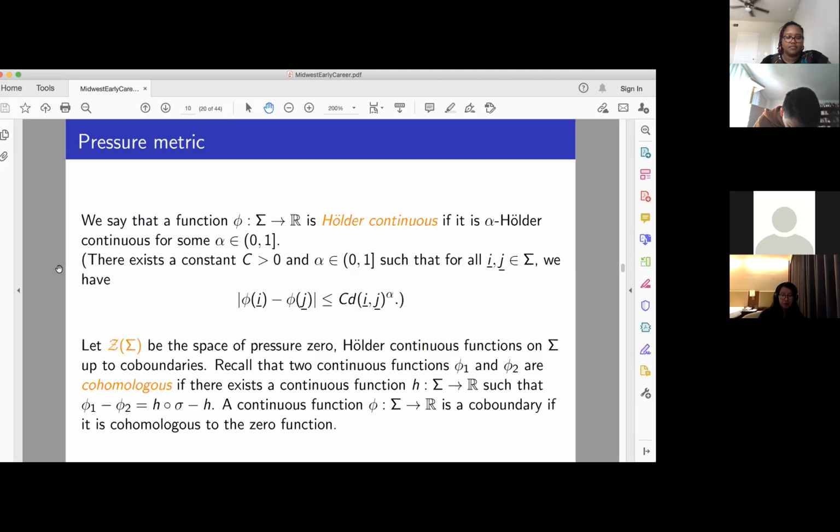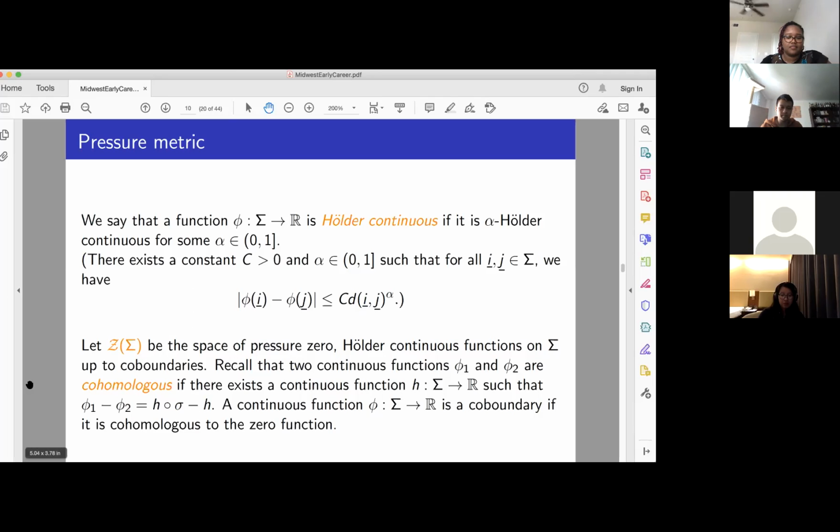Now we want to consider the space of pressure 0 Holder continuous functions on the subshift of finite type up to some equivalence relation. So let me just explain a little bit more before I move on to tell you how the equivalence relation is defined. So basically, this is the space of Holder continuous functions, and the pressure of such functions equals 0.